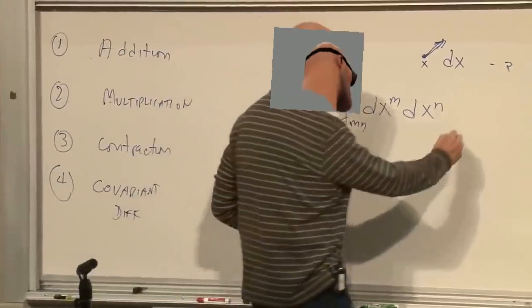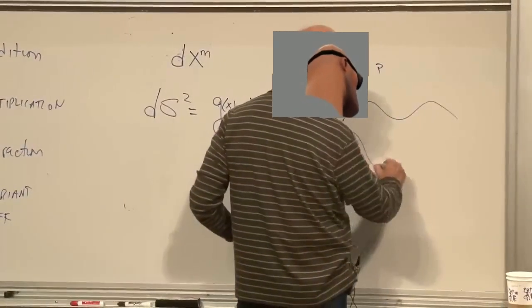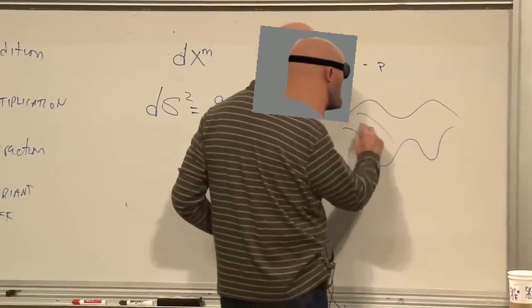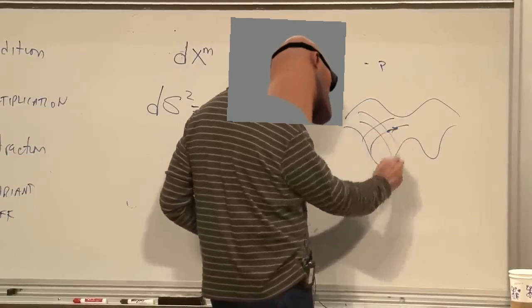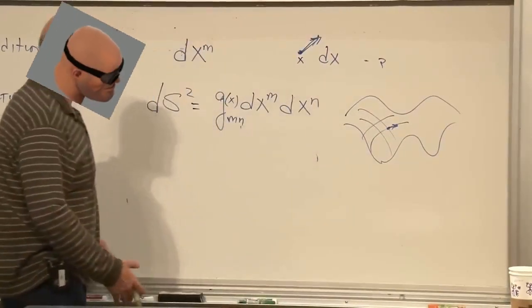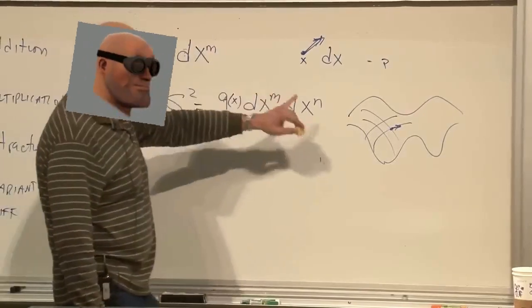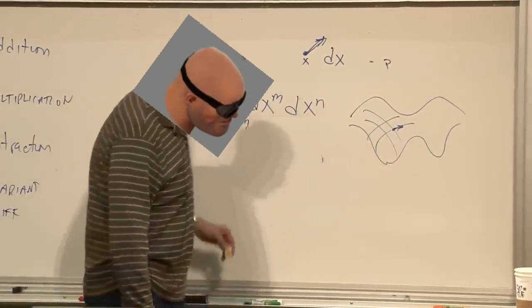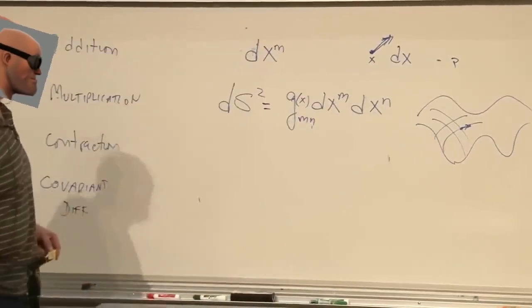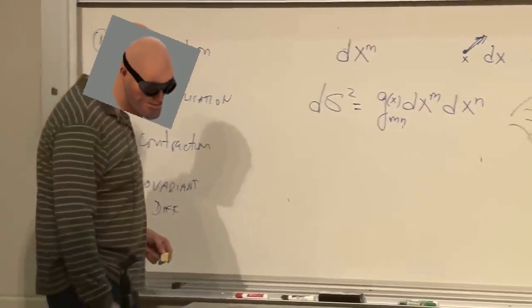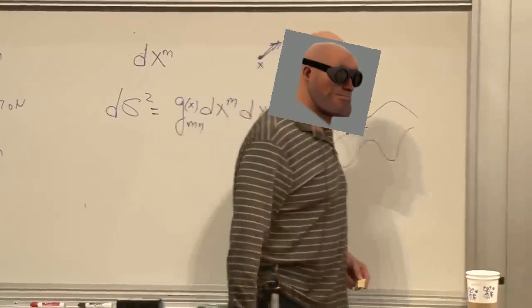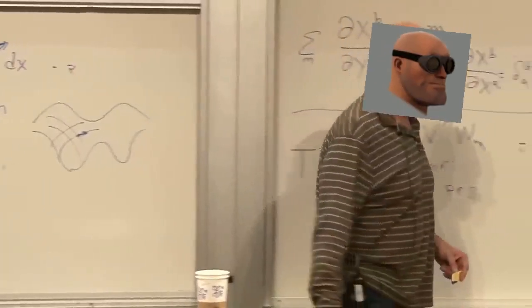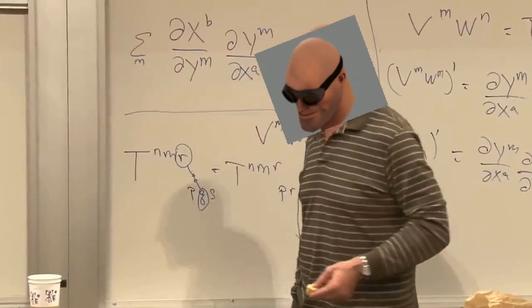In particular, if you have a complicated curved space of some sort with curved coordinates, and you pick some little dx over here, then the length of it will not only depend on the dx's, but it will also depend on where you are in the space. And so this is basically the most general thing you can write down which is quadratic. I'm going to stick with the case of 4 dimensions, just because I have it firmly planted in my head.